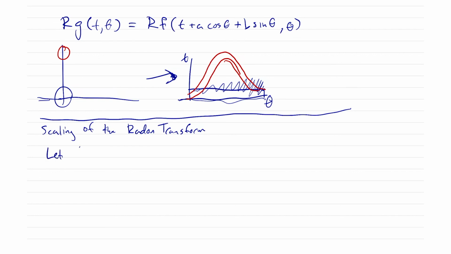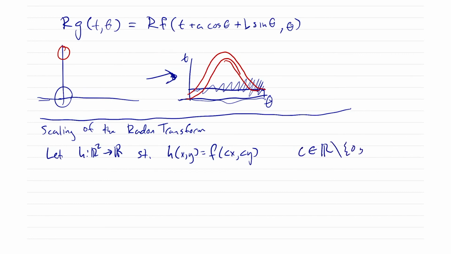We're going to let h be a function from R squared to R again, such that h of x, y is equal to f of cx, comma cy. Say c is in R, and it'd probably be best if we just say it's non-zero. Okay, so how are we going to do this?